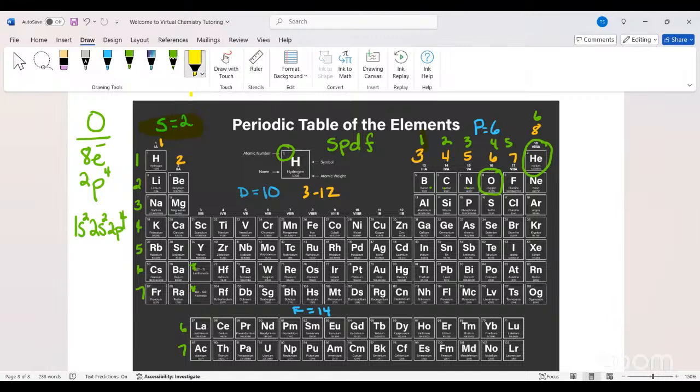You see this 2p4 right here that I just wrote? That's the last thing you would write for your configuration. And guess what? If you add the 4 plus the 2 plus this other 2 right here, you're going to get a total of 8 electrons, which is the number of electrons for this oxygen atom.